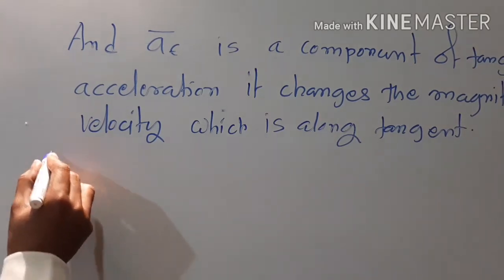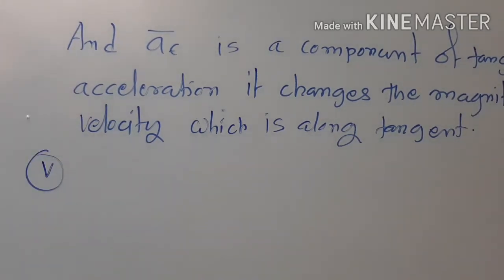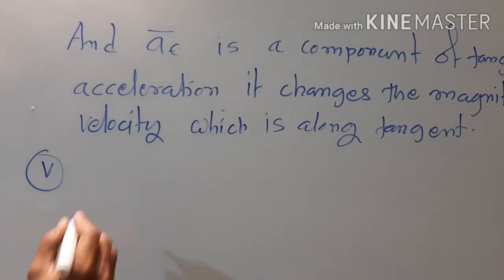And the next, fifth point is the magnitude of the resultant acceleration.